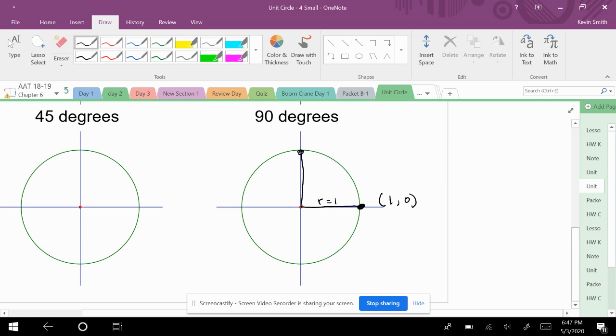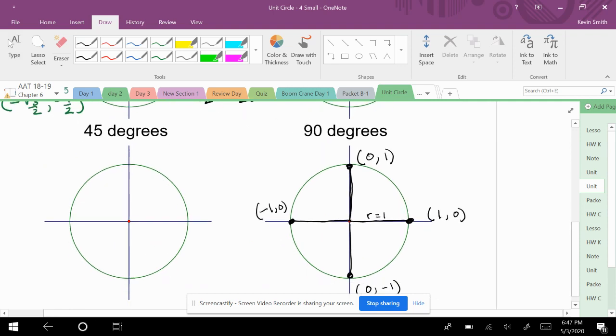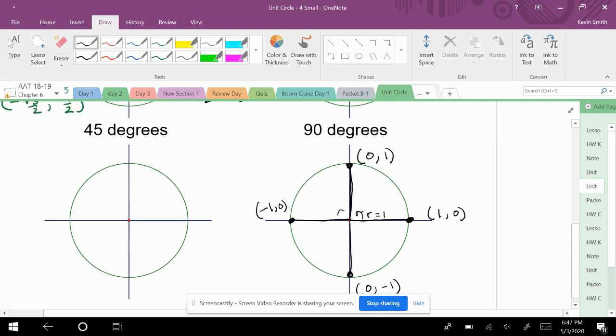If you go up here with a radius of 1, this point is simply 0, comma 1. To the left, this point is simply -1, 0. And down here, this point is simply 0, -1. So those are the 4 points going by 90-degree angles.